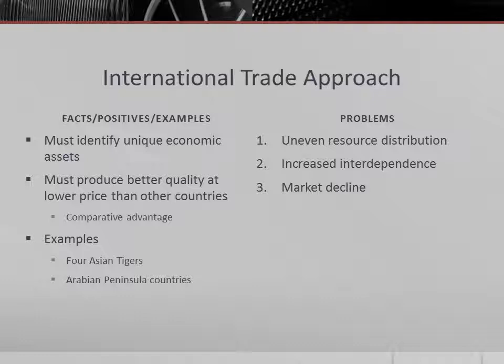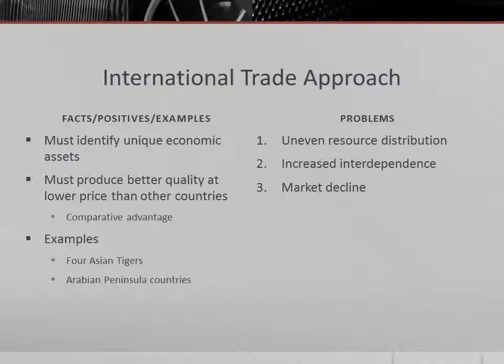When the market collapsed in MDCs, people in MDCs didn't have as much money to spend on other products, which then affected the income for a lot of LDCs. And so if there is a market decline in a very prominent MDC to the point where they're not buying as much as they have been, that could affect a much greater percentage of the global population than if there was a decline in a country that's practicing self-sufficiency.